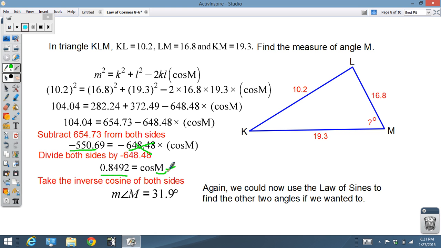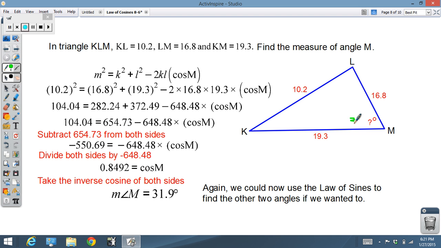Now, of course, to find an angle, remember we use the inverse cosine on both sides, and we come out finding that the inverse cosine of 0.8492 is 31.9, therefore the measure of angle m is 31.9. Okay, so that's how it works to help us find the dimensions of a triangle. Let me mark this down.